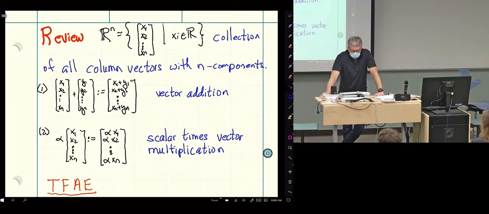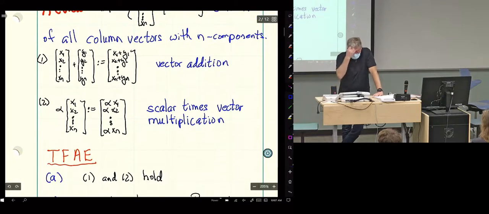We could have identified Rn with row vectors, and then we would have dropped the word row and only worked with a list of numbers written in a row, and then we would have called those vectors. In different circumstances, you use different representations of Rn. In Rob 101, for us, Rn is always a vector with n components, arranged as a column.